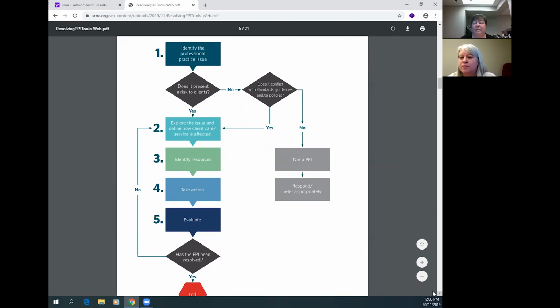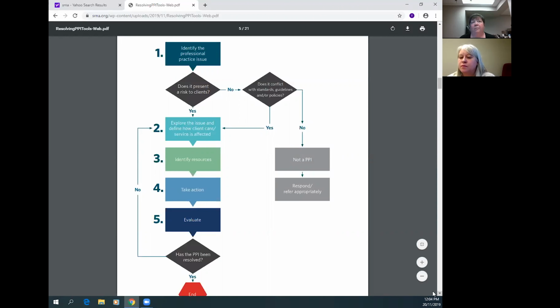So really think about those questions and decide, is this where the concern lies, or is it somewhere else? If it's a risk to the patient or it's a risk to you as a professional, it is considered a professional practice issue. Then you can move along into step 2, which is to explore the issue and define either how client safety was affected, or what is going on for you as a professional that you need to have some time to address.